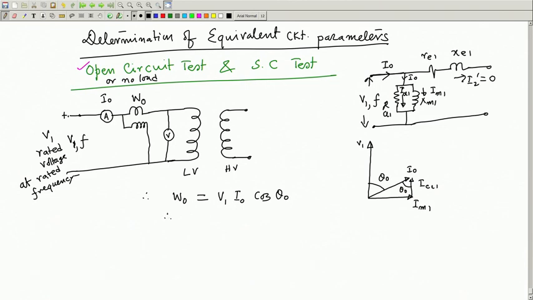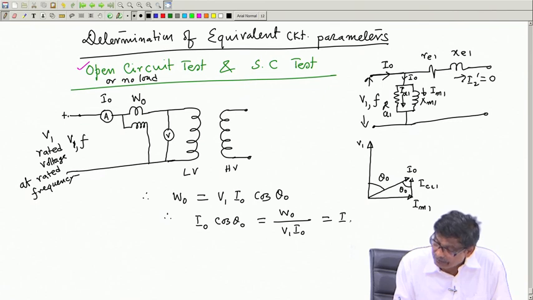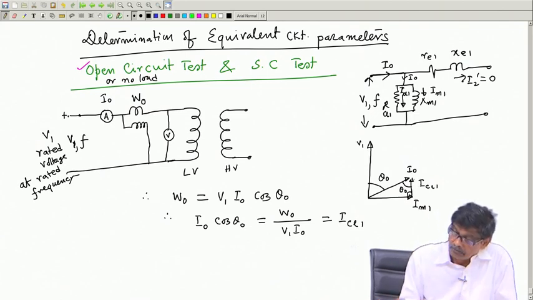From this I can get I naught cosine theta naught equal to W naught by V1. And note that I naught cosine theta naught is also equal to ICL1 from this right angle triangle. So ICL1 is known.